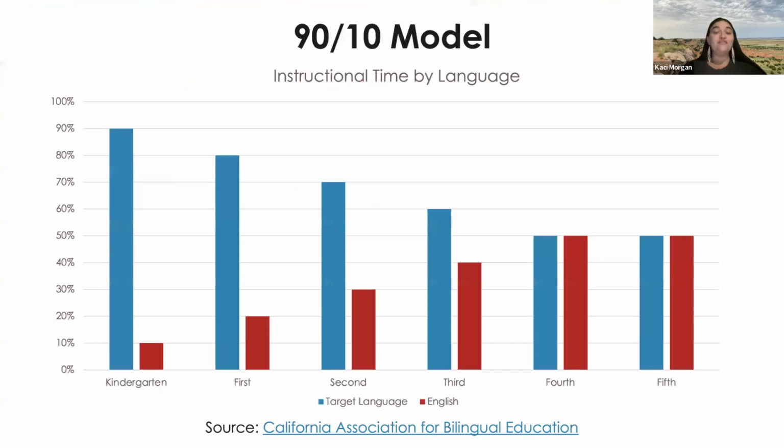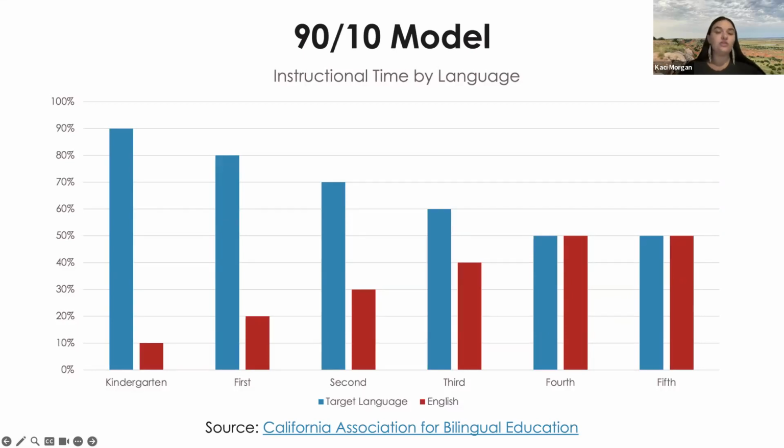For those of you that are visual like me, this is a visual representation of what that might look like. As you can see, the blue decreases and the red increases over time until you reach 4th grade, where it becomes 50-50, like a dual language model would be. There's lots of different ways to do this. In some programs, you might continue to increase the amount of English as you increase grade levels.